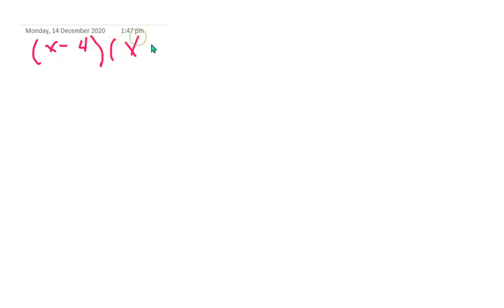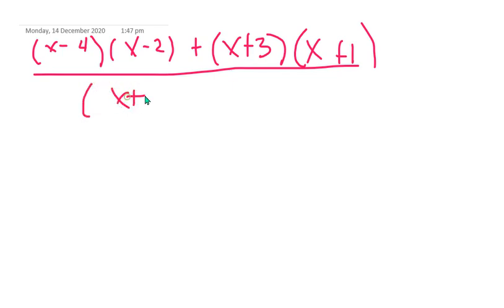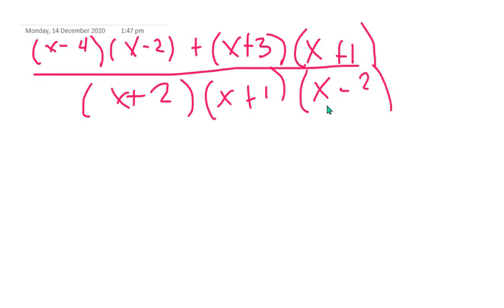So x minus 2 plus multiply x plus 3 times x plus 1 over, and our LCD is x plus 2 times x minus 1, x plus 1, x minus 2. Okay?